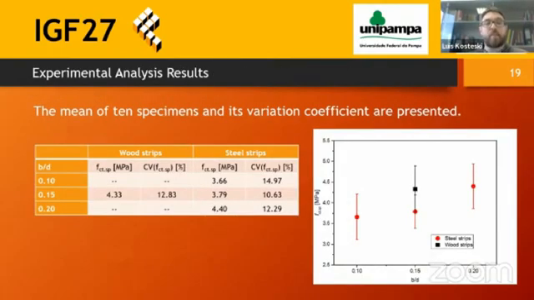The result of the experimental analysis: we do 10 results for every one of these configurations, and the wooden strips resist 4.33 MPa, and the steel strips resist a little less, with 10 and 15 millimeters of size, and with the 20 millimeters of size it is practically the same as the wood.